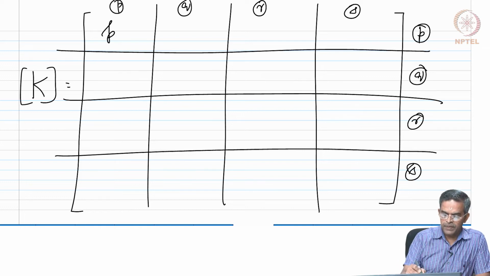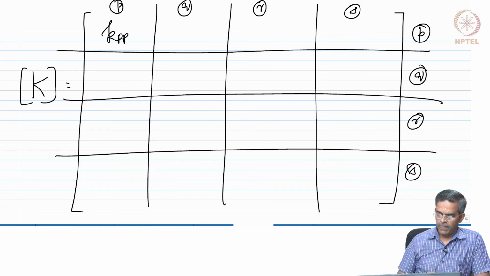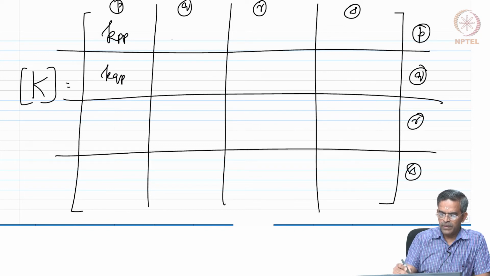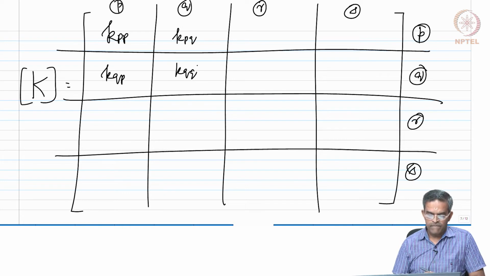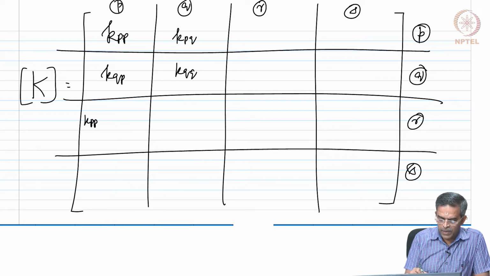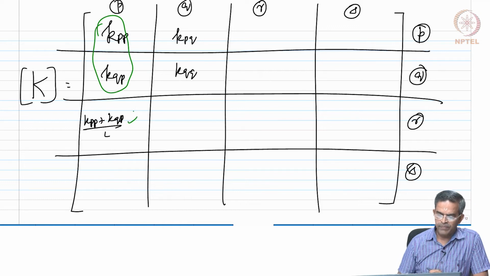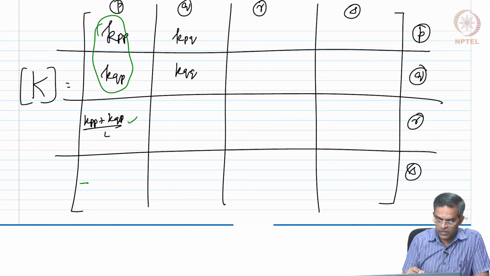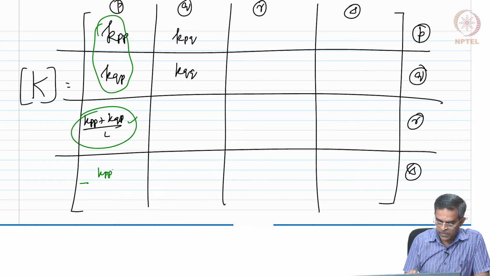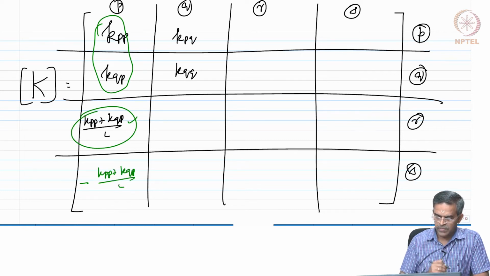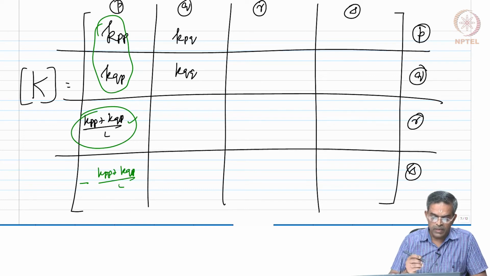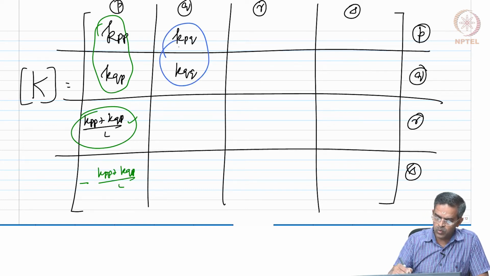This is KPP and this is KQP. This is KPQ, this is KQQ. And this value is KPP plus KQP by L. It is nothing but sum of these two by L, and this is minus of this. Similarly, sum of these two by L will be here.